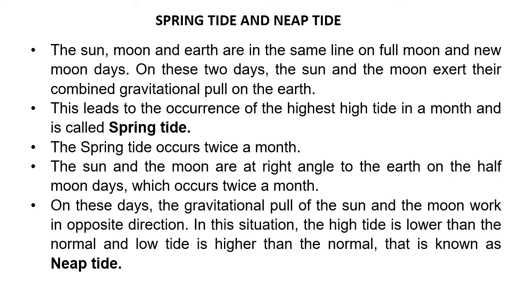The water which comes near the coast, which is much lower. And the low tide, which means the water goes towards the sea, away from the coast, is much, much higher than on normal days. Clear? So this is called neap tide and spring tide.